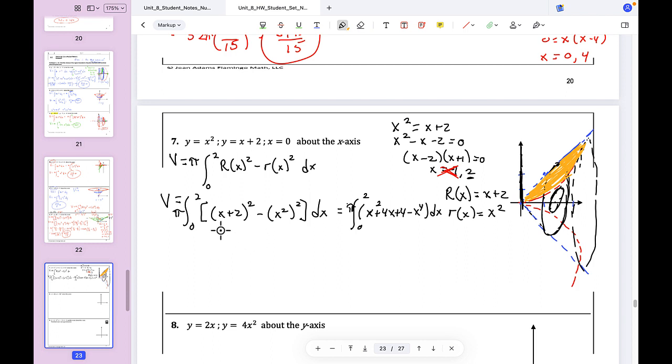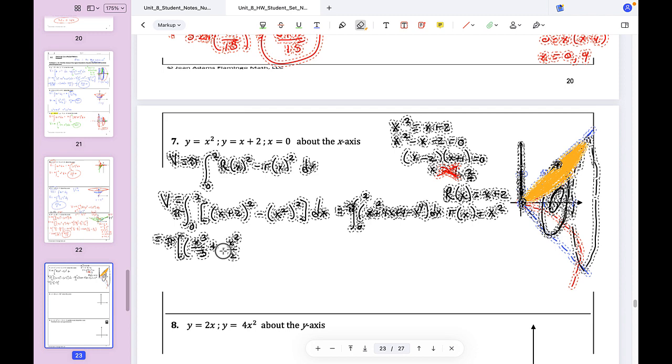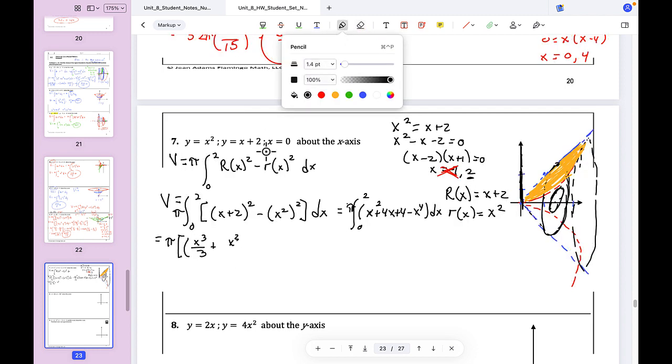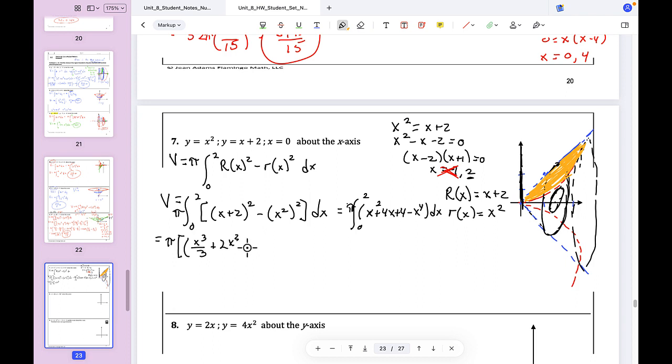Okay, so when I integrate that, we get pi times x to the third over 3 plus 4x squared over 2, but that's going to reduce to 2x squared, right? 2x squared plus 4x minus x to the fifth over 5, right? And we're evaluating that from 0 to 2.